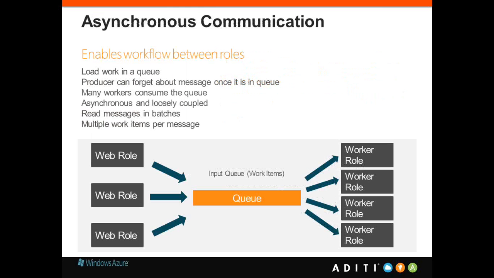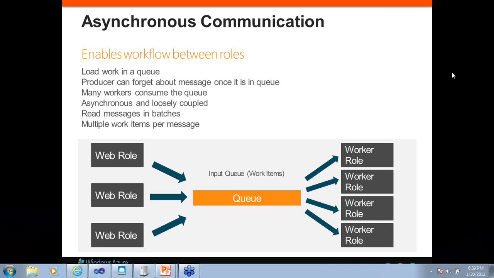Using queues, you can implement your asynchronous communication. It enables workflow between multiple roles, and you can see in the diagram. Web roles are putting messages in the queue, and the same queue is being accessed by multiple instances of the worker role. So you distribute your load.